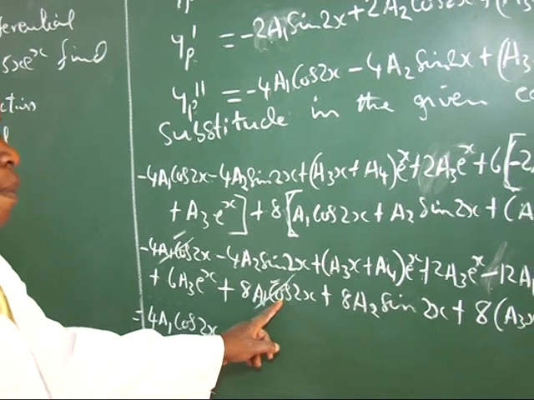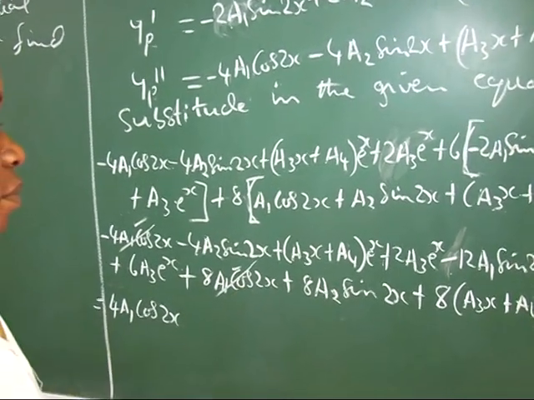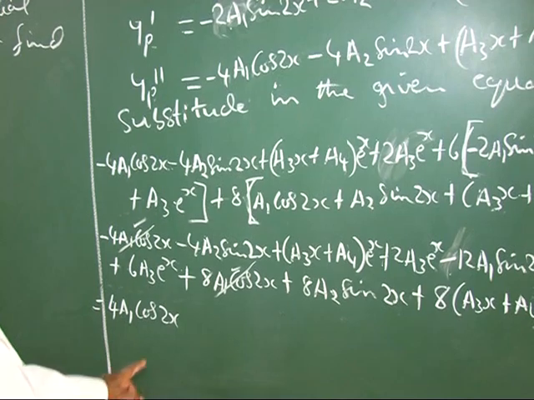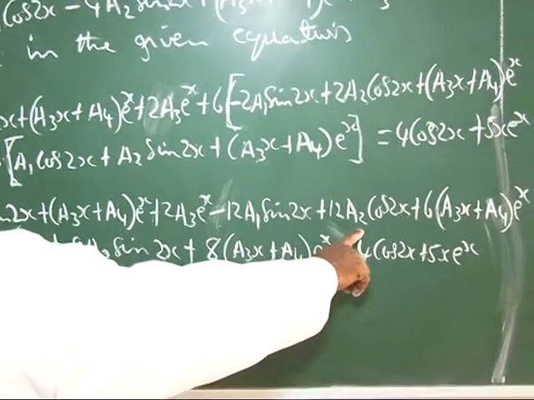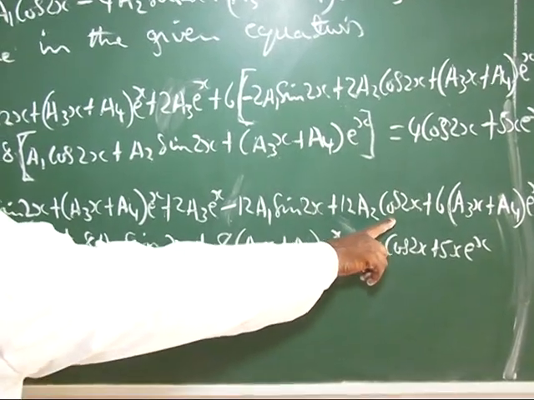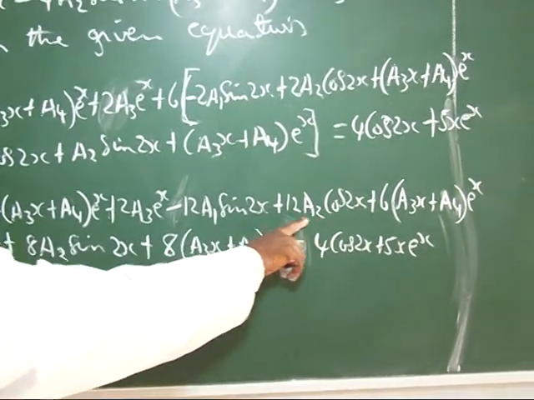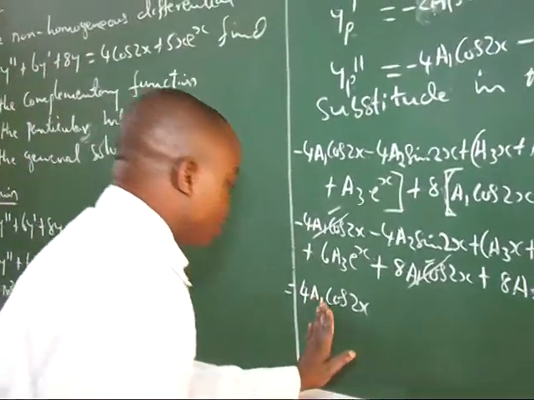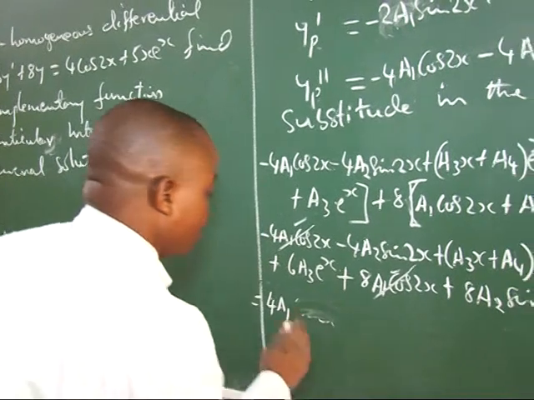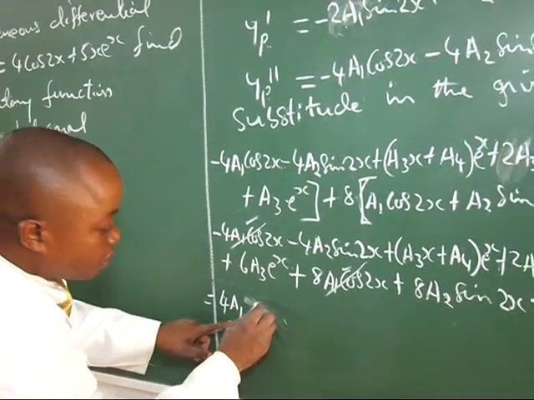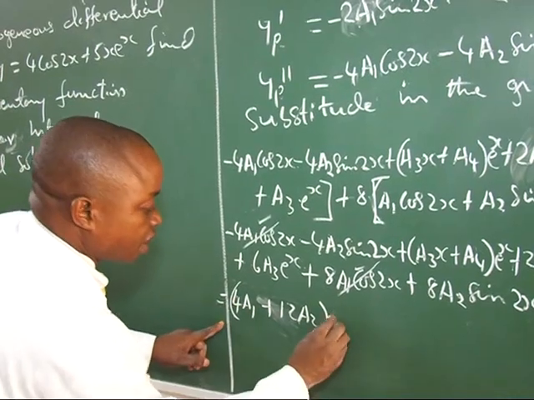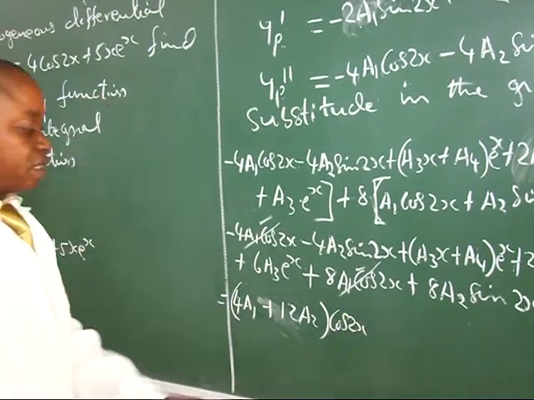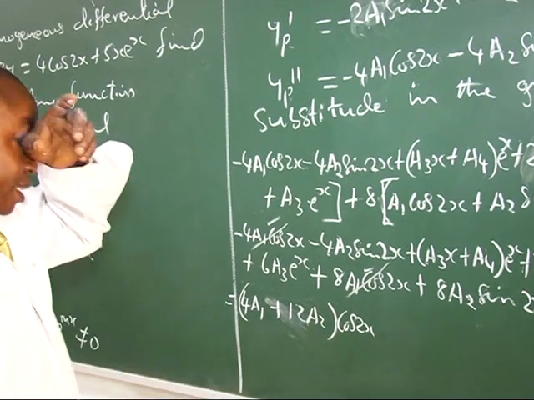And we also have 12a2 cos 2x. So that is the cos that we have. Now we can also write it in this way: (4a1 plus 12a2) cos 2x. It means the same.